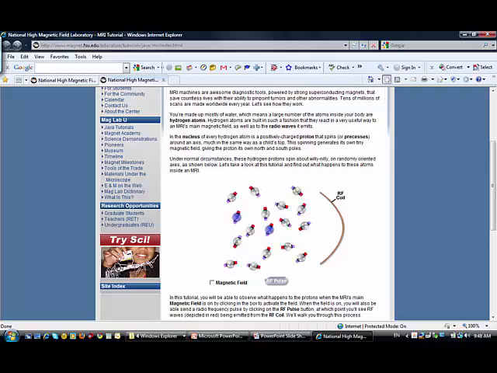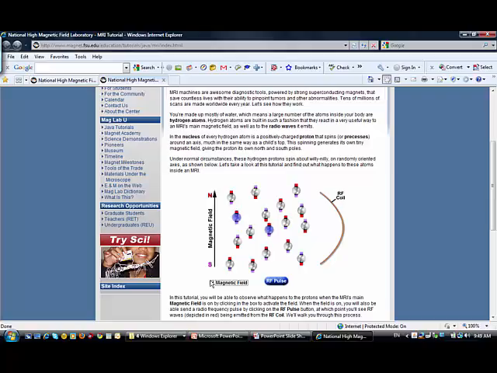magnetic field. Now, when we subject that person to a magnetic field, okay, let's turn this on. This is what's going to happen. These spins, or these small proton magnets, are going to align either parallel to the magnetic field or opposite to the magnetic field.